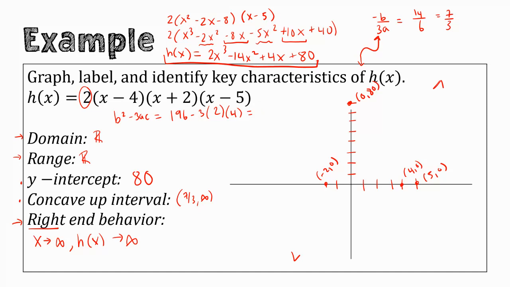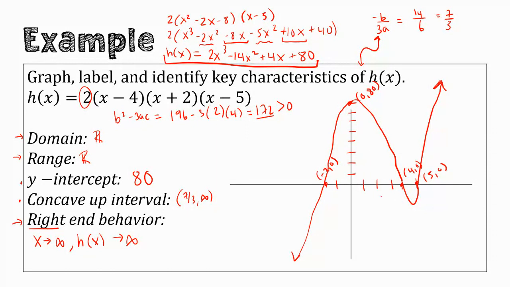So that's 172, I believe, which is greater than 0. Therefore, there's going to be 2 extrema. More or less, I don't know where exactly it peaks, but I know it's going to come back down, go through, turn around, and then increase, right?